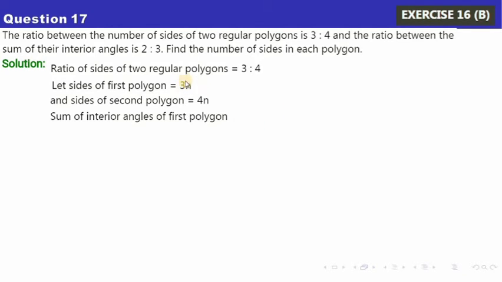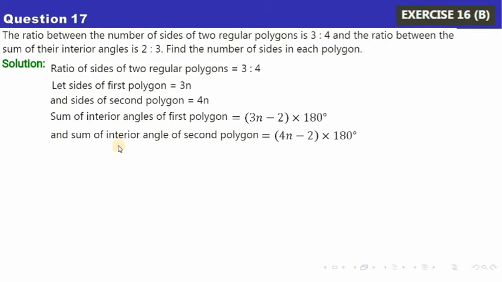But for the first polygon, what is the number of sides? It is 3n, isn't it? So in the formula we have to write (3n minus 2) into 180 degrees. Similarly, the sum of interior angles of the second polygon, where the number of sides is 4n, will be (4n minus 2) into 180 degrees.